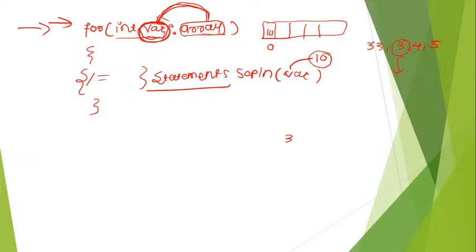We have to store all the elements inside one array. You can use any data structure, but right now I'm taking the array example. So here I'm using int a, and inside this I'm adding these elements, that is 33, 3, 4 and 5. We have done the first thing.